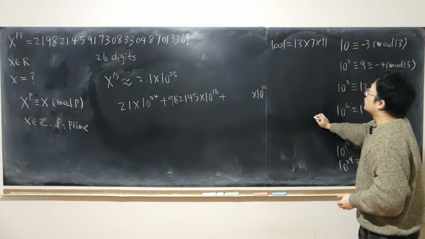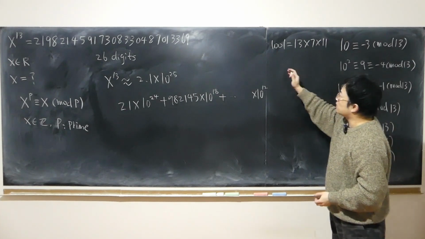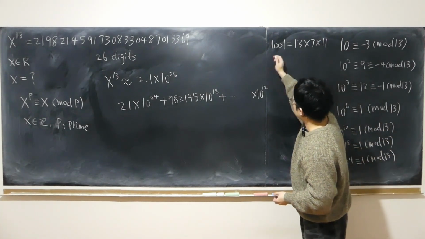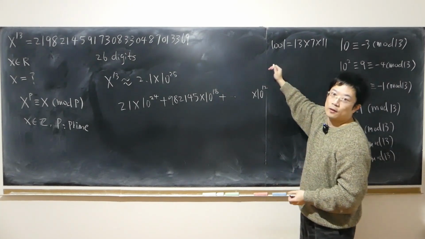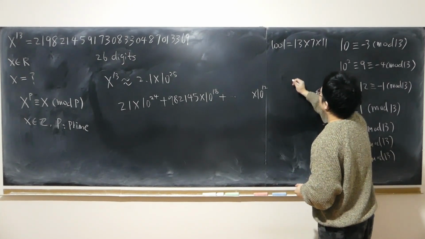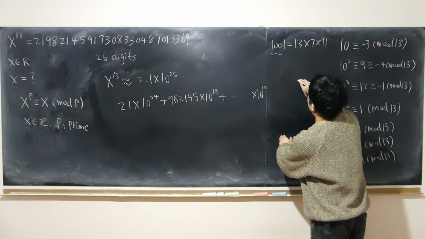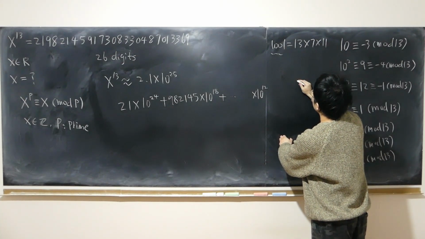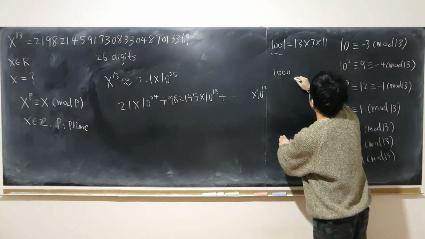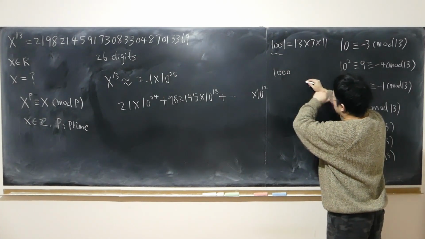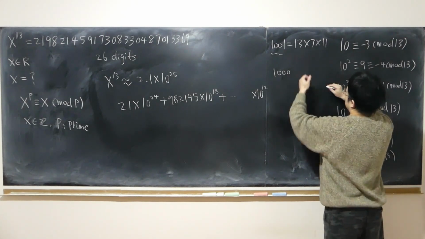So if we use 1001 as a divisor, if some number is divisible by this, it must also be divisible by 13. The benefit of using this number is that if I take 1000, what's the remainder divided by 1001?